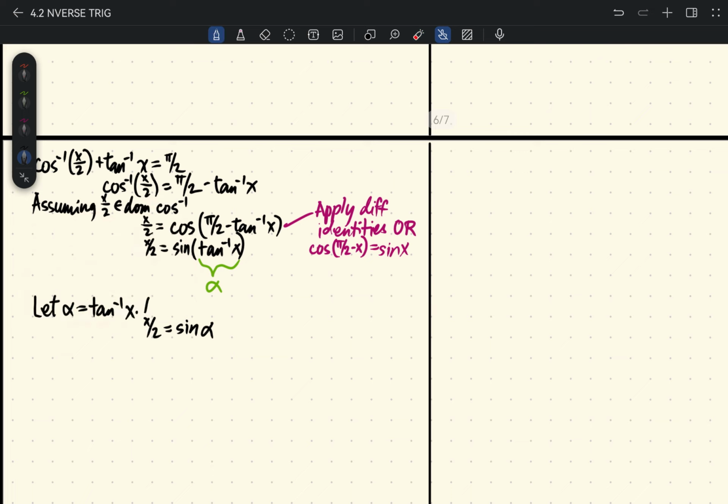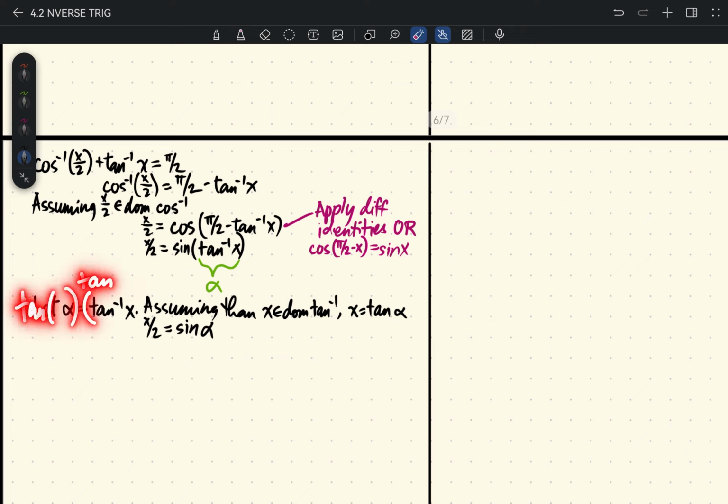And assuming that x is in the domain of tangent inverse, we know that x equals tangent alpha. Basically, what we did here is apply the tangent function to both sides. So you have x equals tangent alpha.